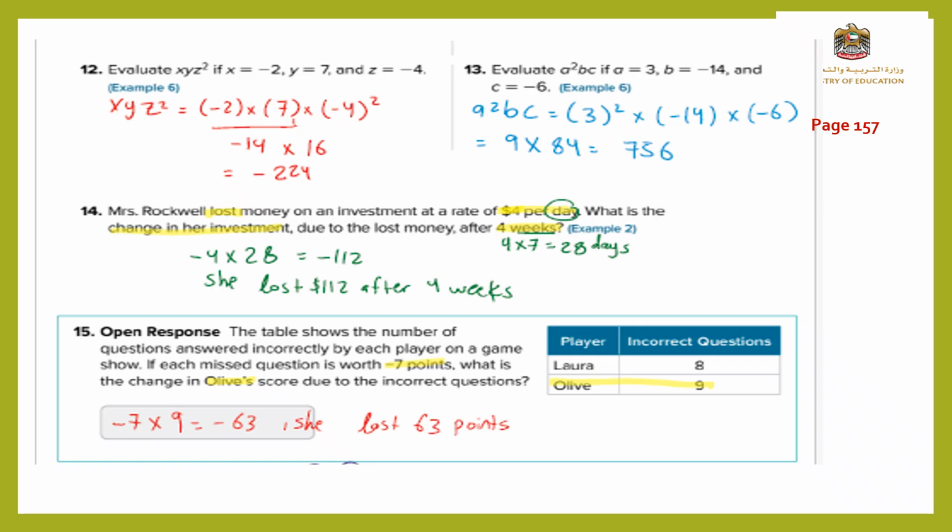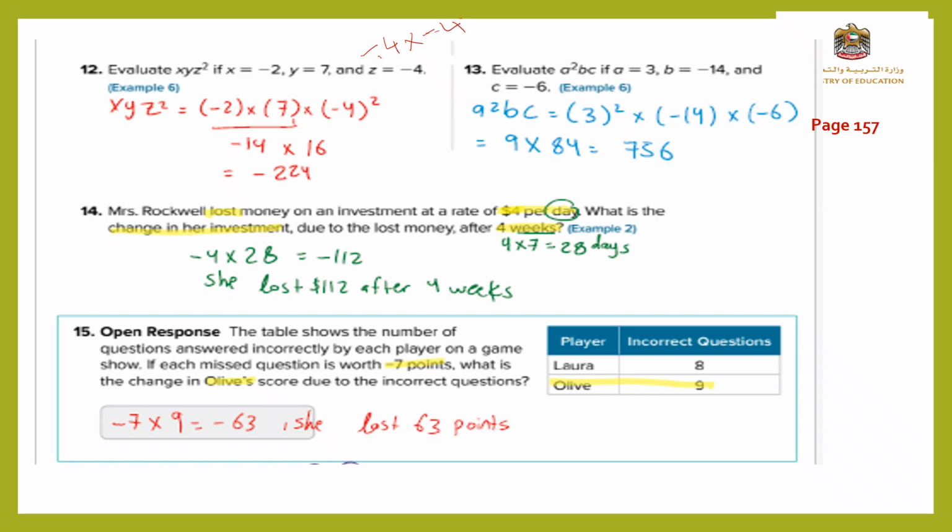So -2 times 7 is -14, and -4 squared is 16. -4 squared means -4 times -4. Negative and negative, positive. Don't write -16, that would be wrong. Negative and negative means positive. 4 times 4, 16. Then multiply, you will get -224.